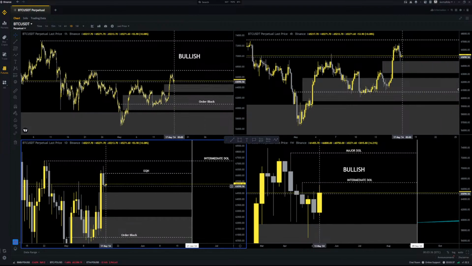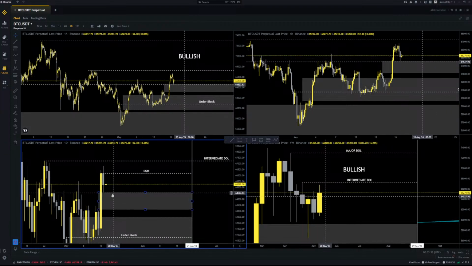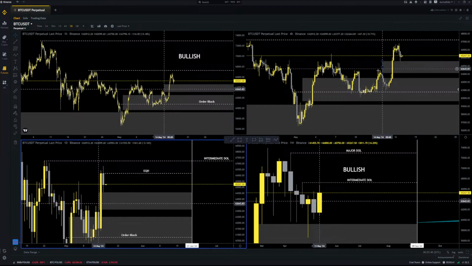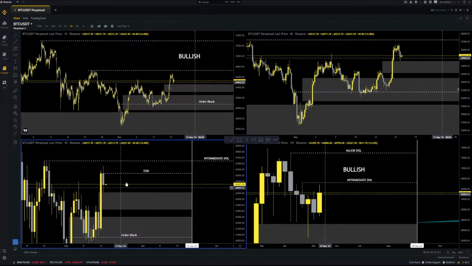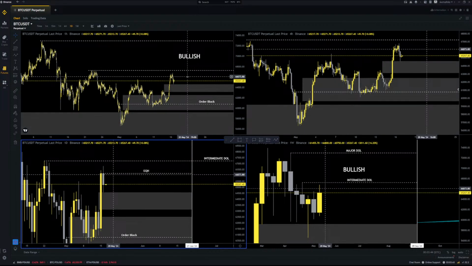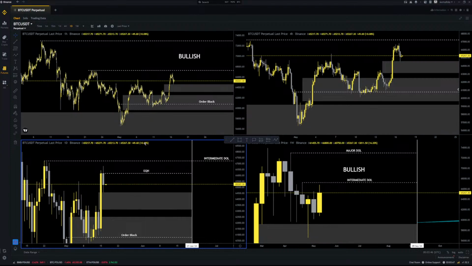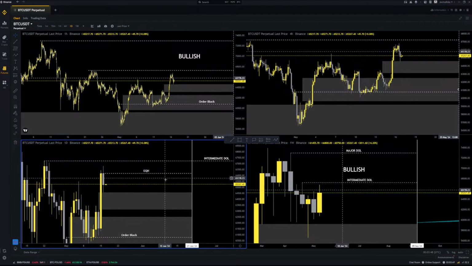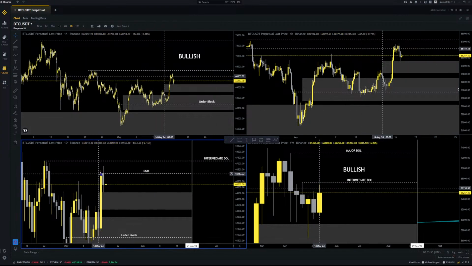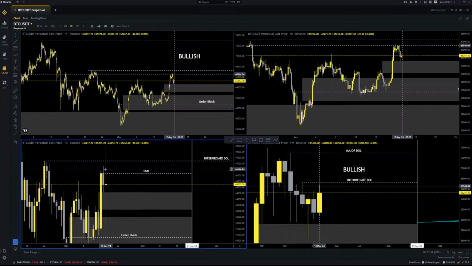But obviously we'll be attracted to this daily fair value gap before we push higher. So looking to be bearish. And I am doing what the market tells me, not what I'm thinking. That's why you can see me changing flow, bullish to bearish.